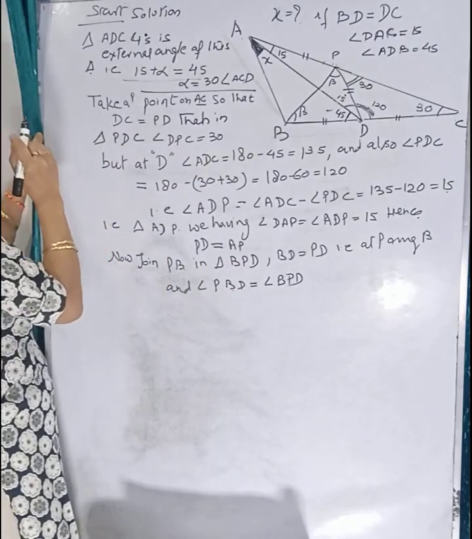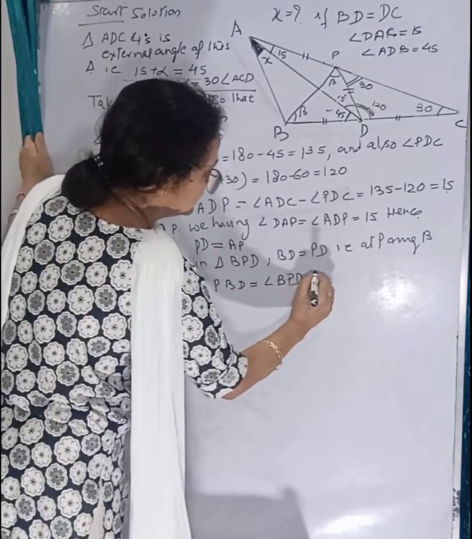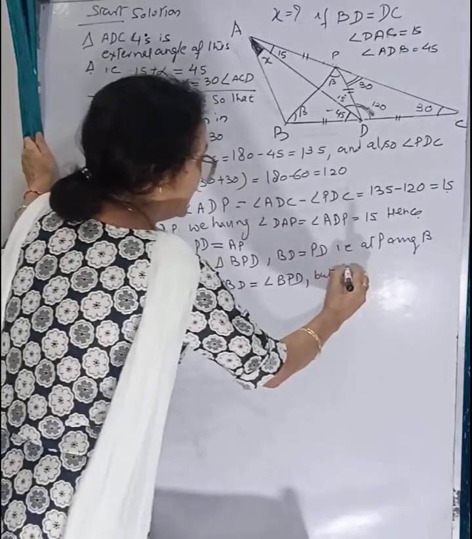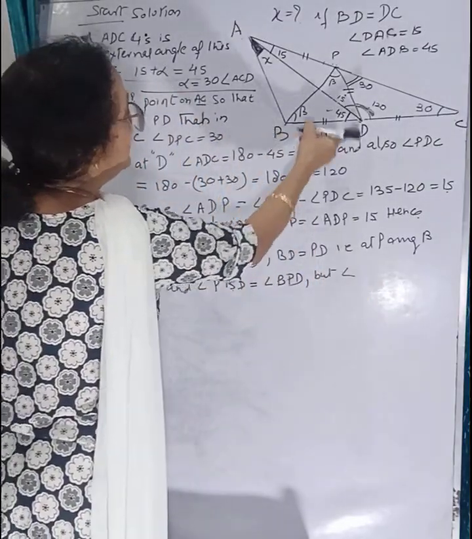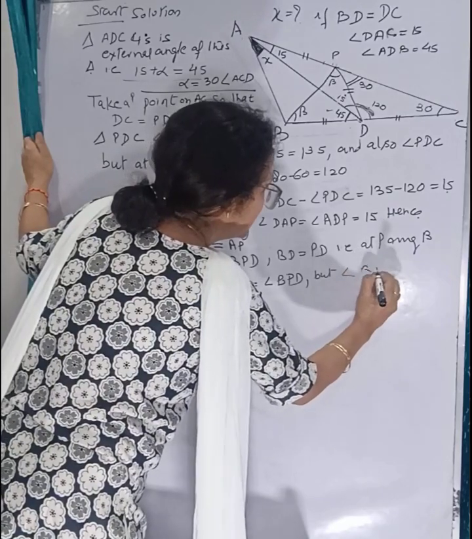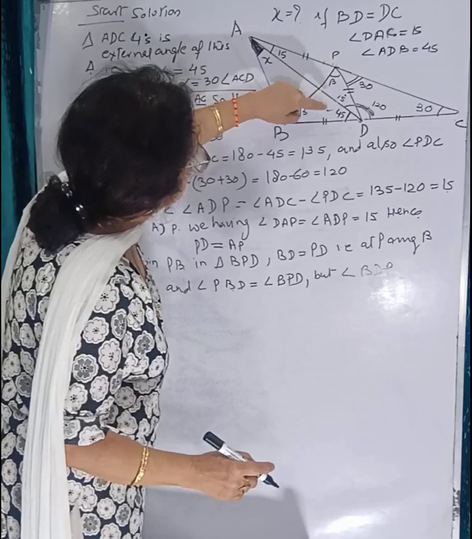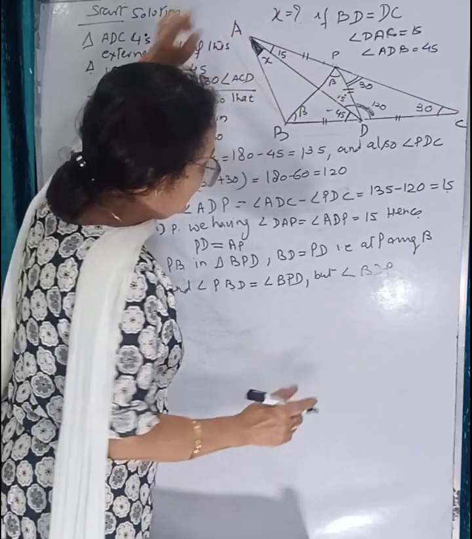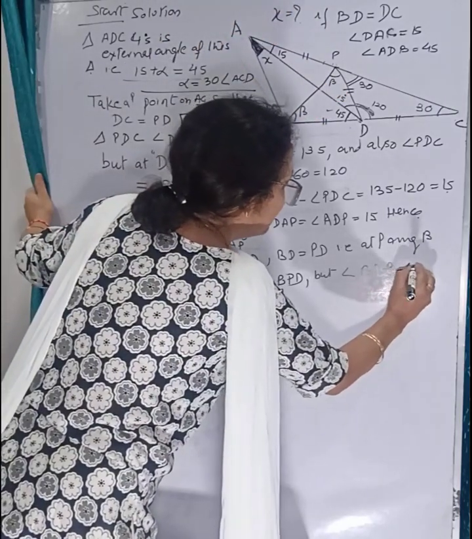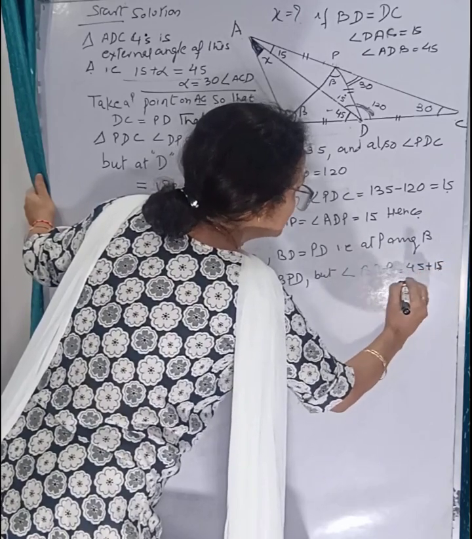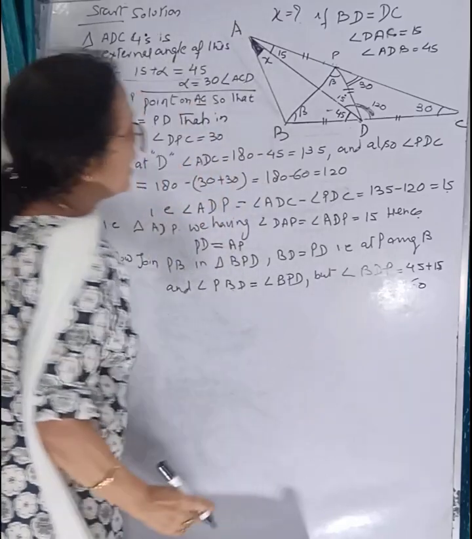Okay, but what? Angle BDP is 45 plus 15. It is equal to 60.